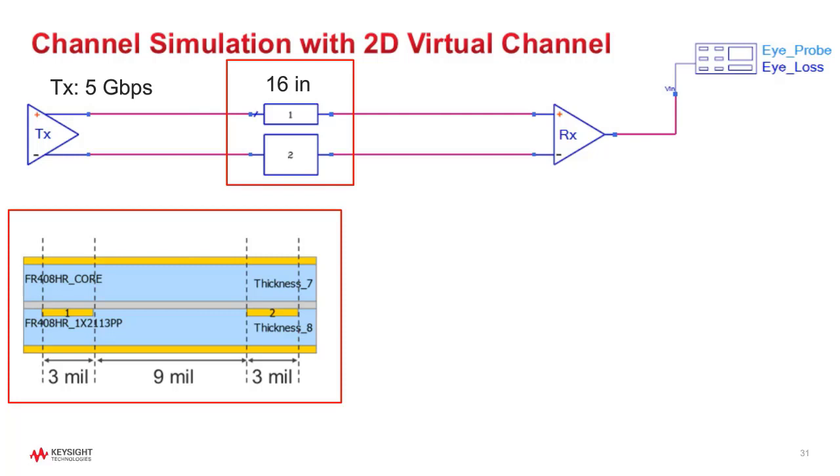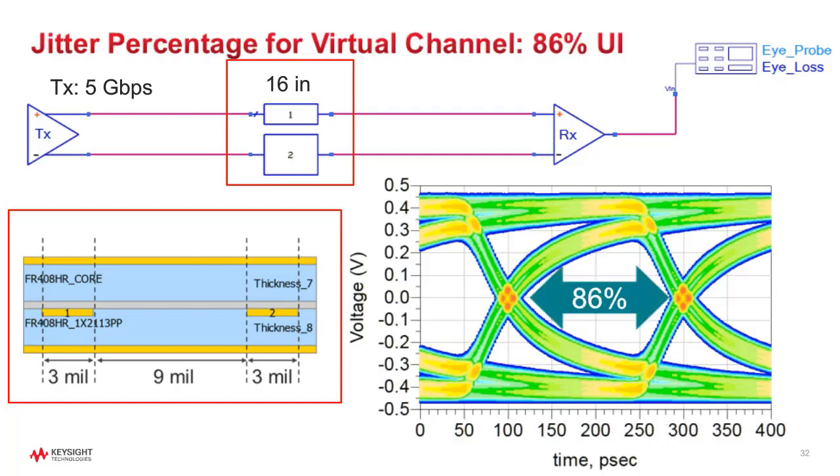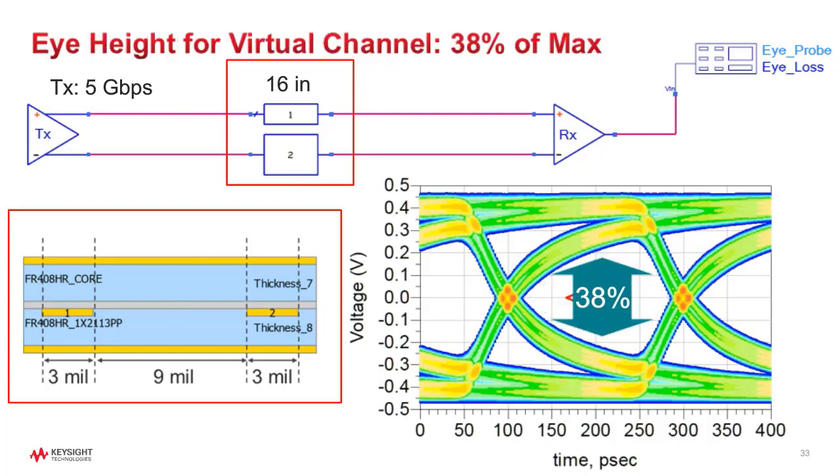And we should expect, based on our 873 rule, the eye should be pretty open compared to the mask, which is shown here. We can see that although the 16-inch doesn't give us really 75%, well, it's kind of close. We have 86% of the horizontal eye. How about the vertical? The vertical, we have 38%.